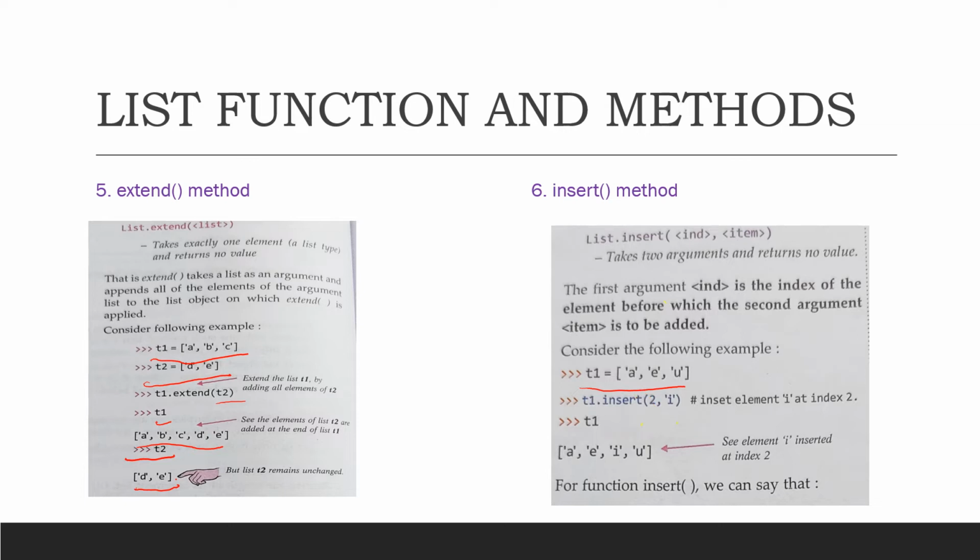So the index value is 2 and the value that you want to add is I. So now when you run the program, this gives you the value as this, AEIU. So 2 means over here when you do the indexing, it is like 0, 1 and 2. So in this place of 2, I comes. So T1 will be printed as AEIU.